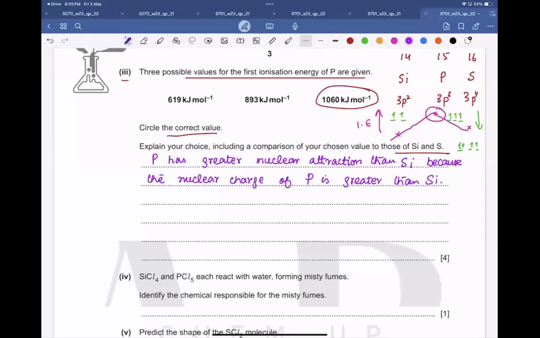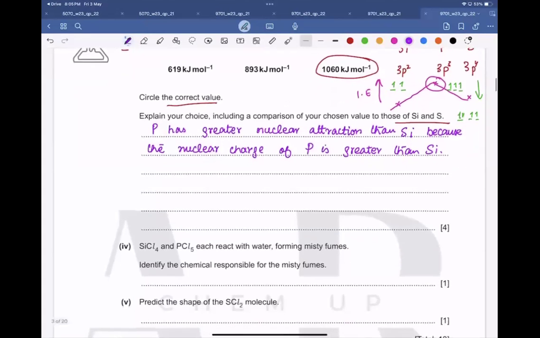Because silicon has 14 protons and phosphorus has 15 protons. Now, so that is the comparison.